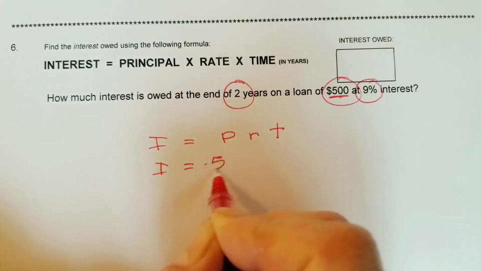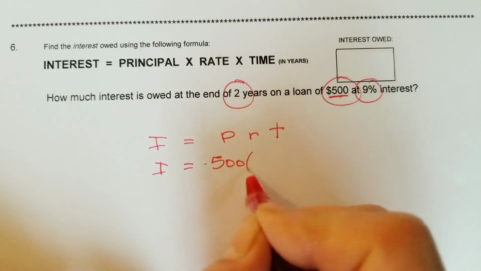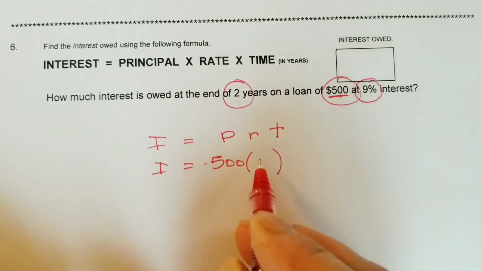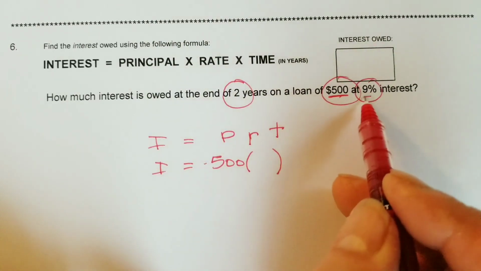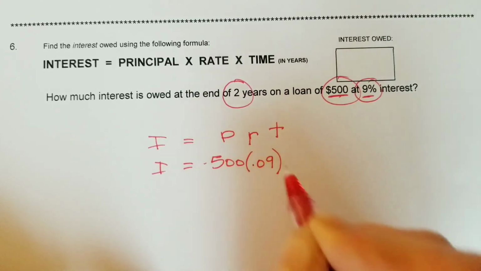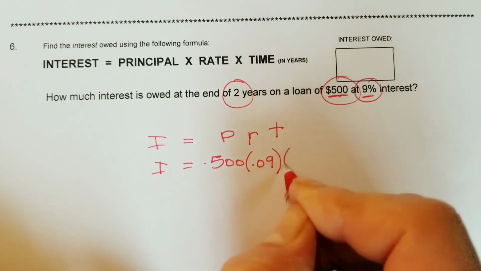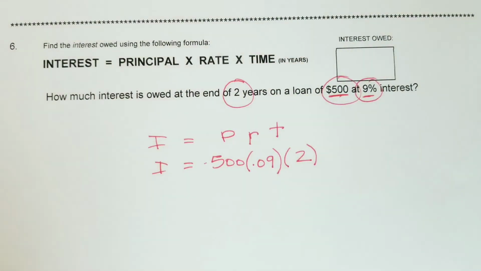Okay, so $500 loaned. And then our rate is going to be our percent here. And our percent is going to have to be written as a decimal, 0.09. And then you will take your amount in time, which is 2 years.